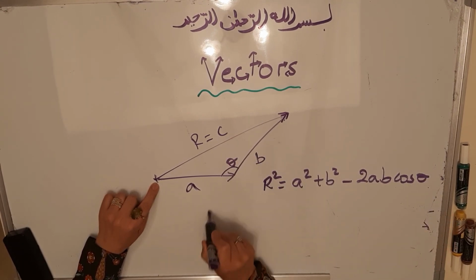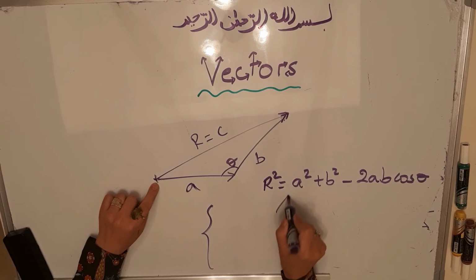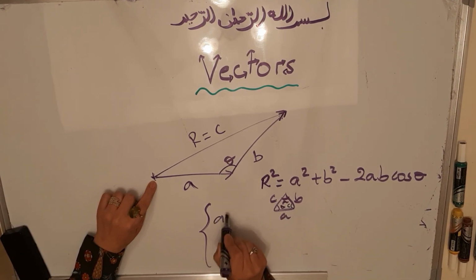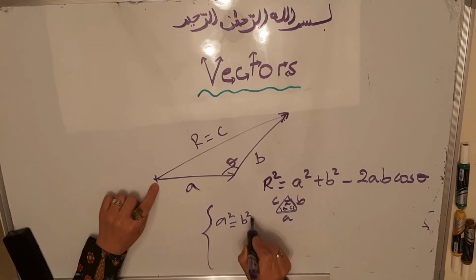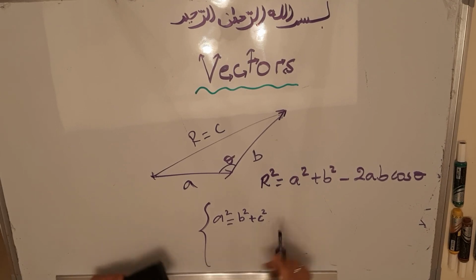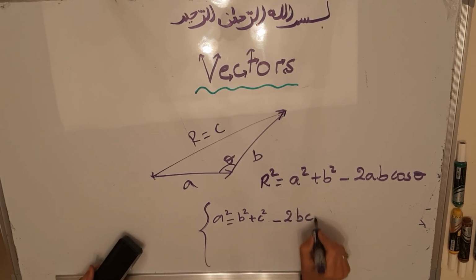So this stems from when you have a triangle ABC: a squared equals, what are the two other sides? b squared plus c squared minus 2bc cosine what?